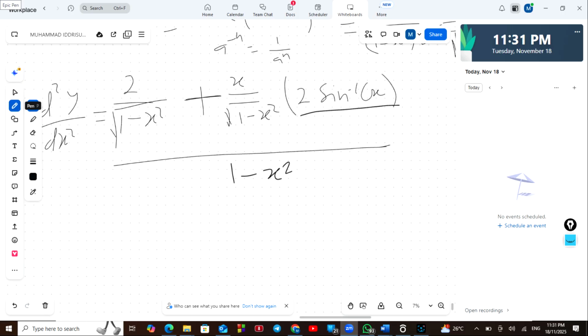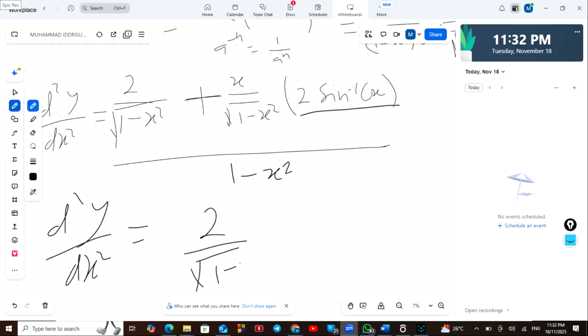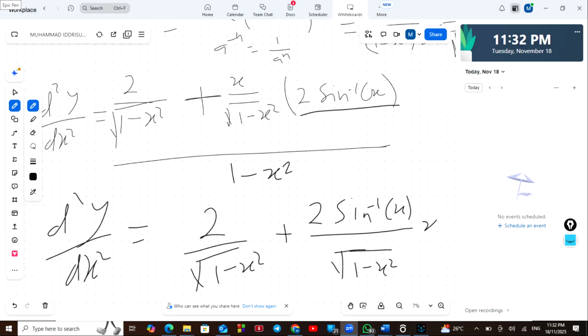So we know that our d square y over dx square is equal to 2 over the square root of 1 minus x square plus, so I can have it this way, 2 sine inverse of x all over the square root of 1 minus x square, multiplying the numerator x here, so multiplying x.